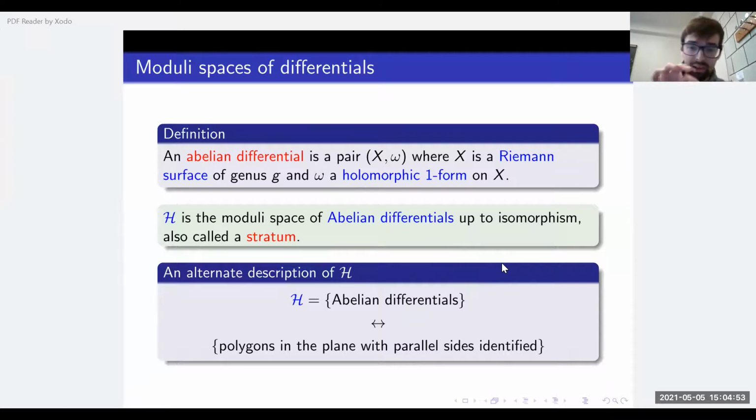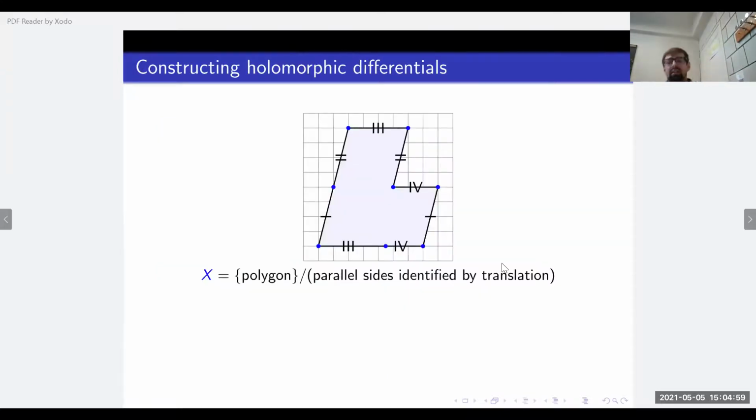Okay, now let me explain a little bit how this works. How do you go between abelian differentials and polygons in the plane? Probably most people have seen similar constructions already, but I will still spend a few minutes. We start with some polygon in the plane with pairwise parallel sides. Now I choose a pattern for how I identify parallel sides using a translation.